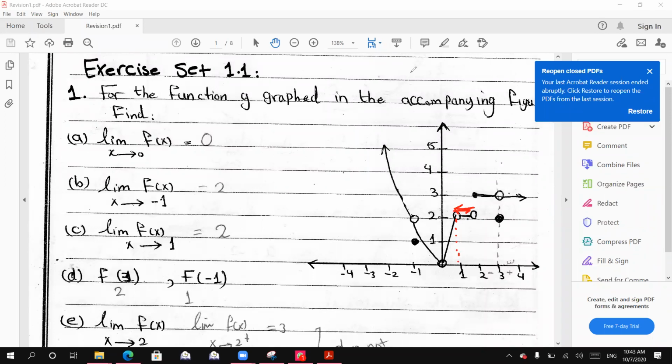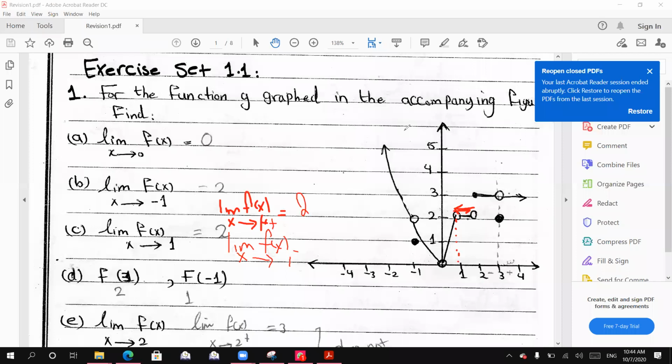So limit f of x when x approaches 1 from the right is equal to 2, and limit f of x when x approaches 1 from the left.